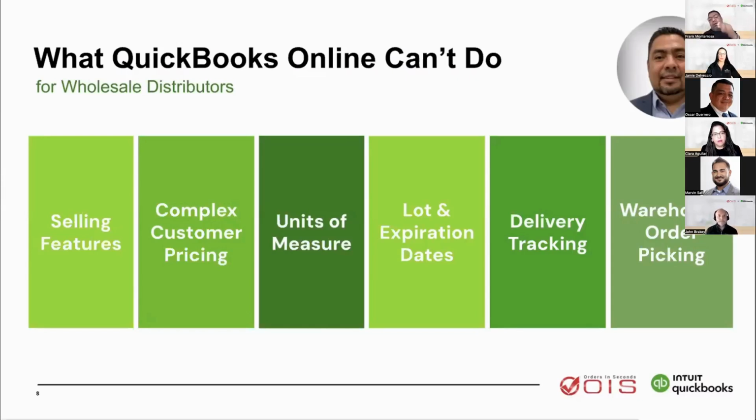The other one, this is a big one, is unit of measure, especially in the distribution industry. If you are in the food and beverage industry, you have different units of measure. You buy the items in a specific unit, but that doesn't mean you're going to be selling that item in the same unit of measure that you buy from your vendors.